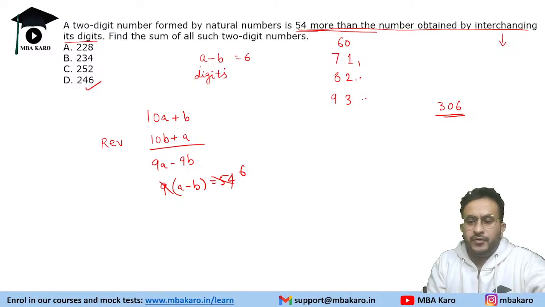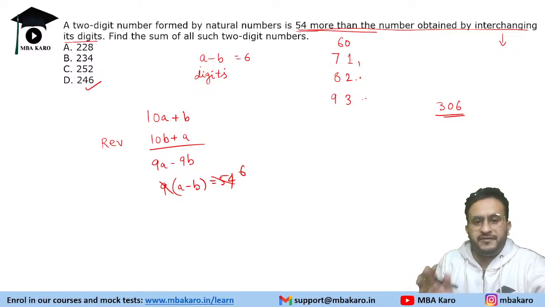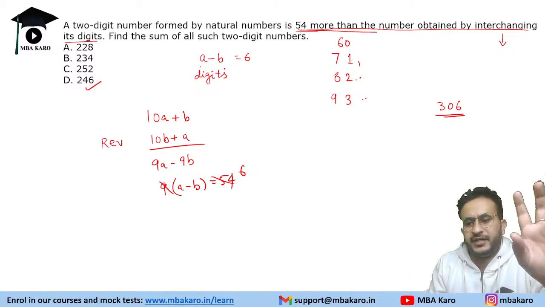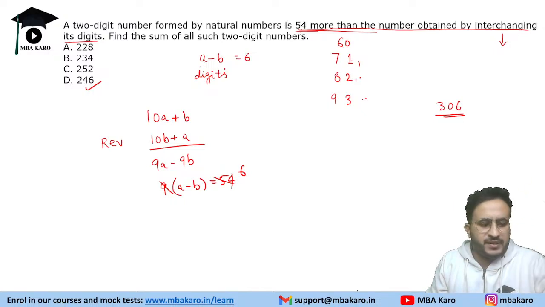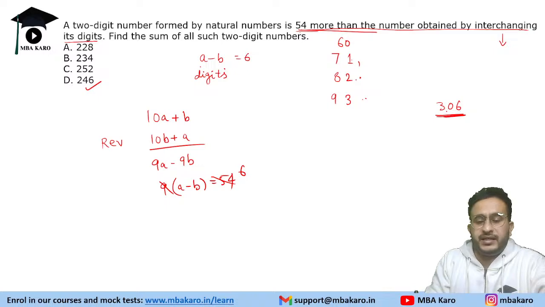Now see this thing. It is not given that the reverse is a two digit number. If it was given, then of course 60 will not be taken. Now keep this in mind. This might happen in SNAP and some other exams also. You need to use your best judgment, like for example here also. 306 is the answer but it is not in the options.